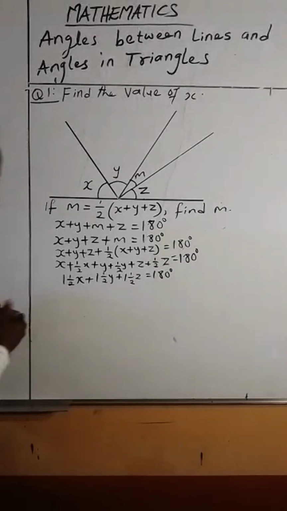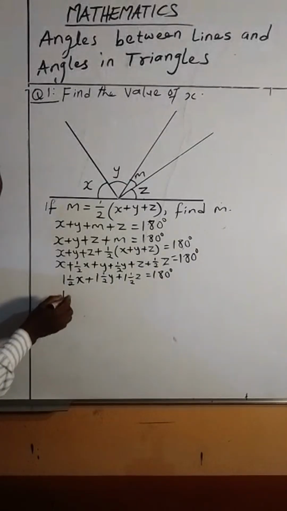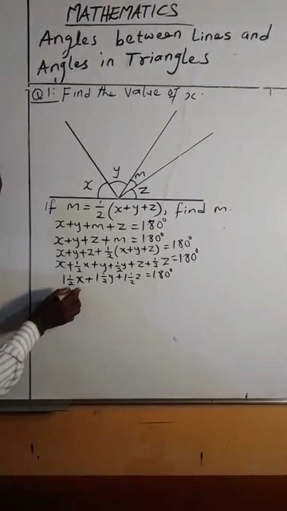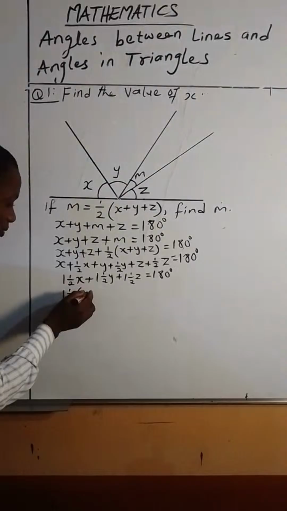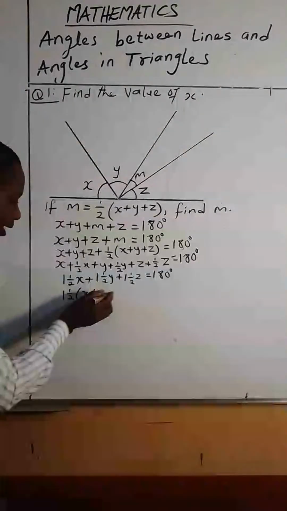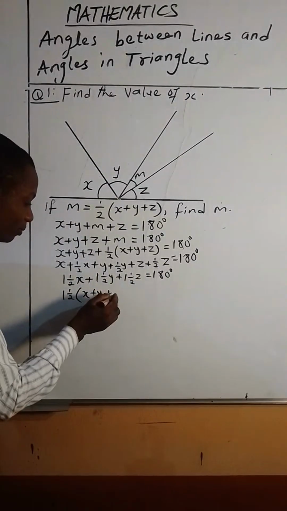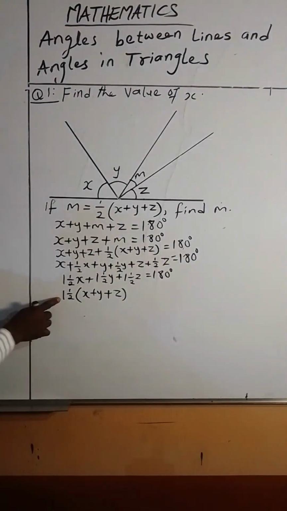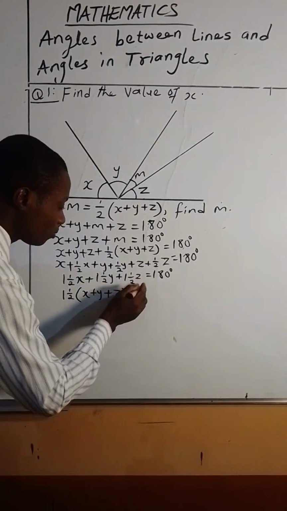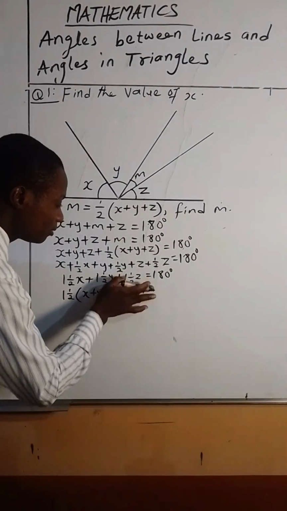So what you do, bring it out, which means we now have 1 and a half of x plus y plus z, because we have taken 1 and a half out, and this will give us 180 degrees.